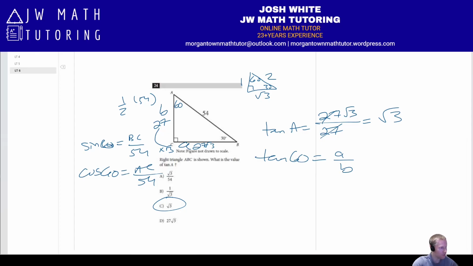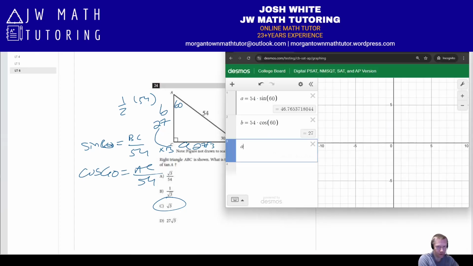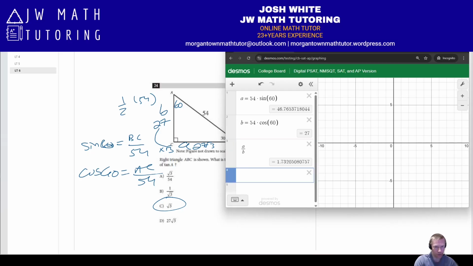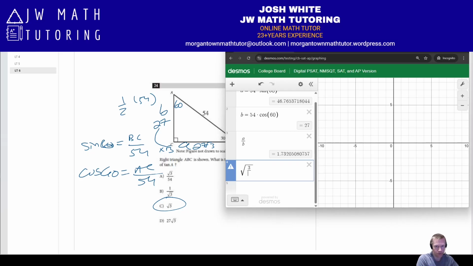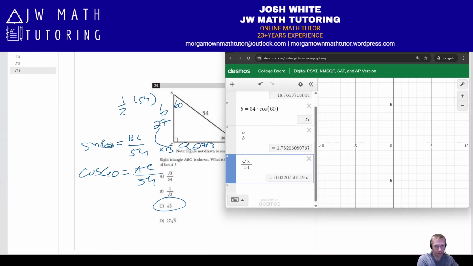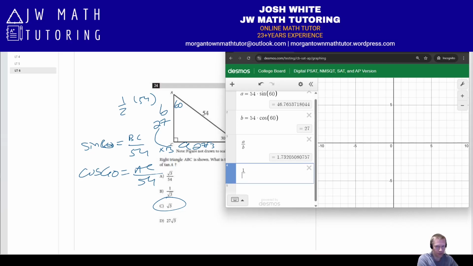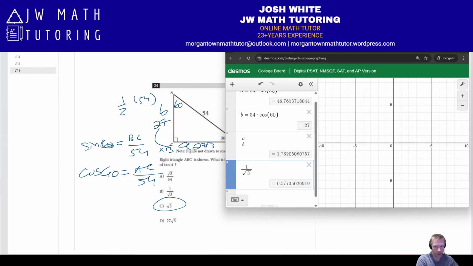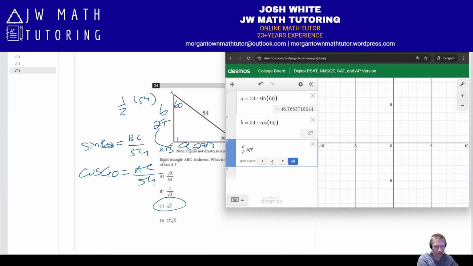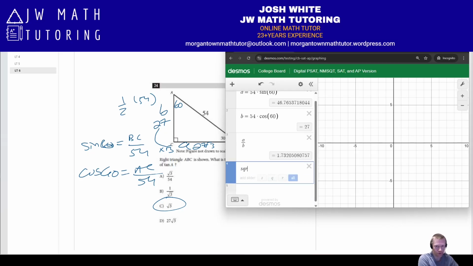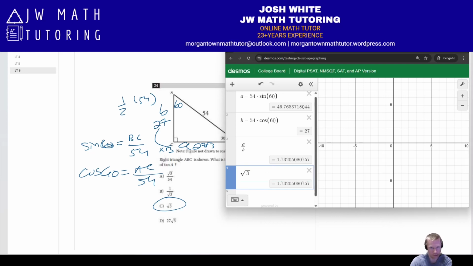All we have to do is go to the calculator and do a divided by b, and then go through these answer choices and see which one it's equal to. Is this equal to square root 3 divided by 54? Answer choice A, no. Is it equal to 1 divided by square root 3? No. Is it equal to square root 3? Yes. Notice we get the same exact answer.